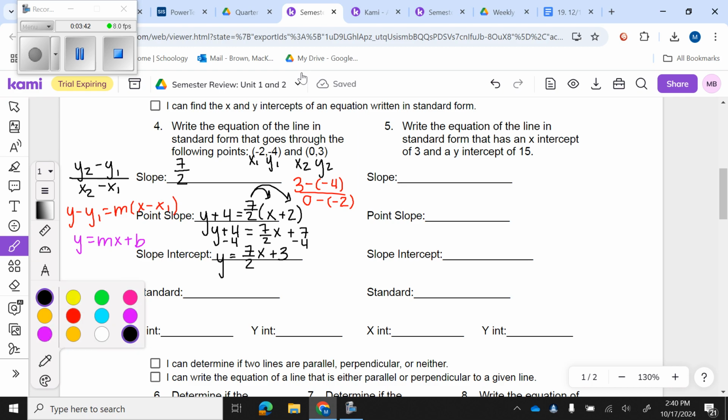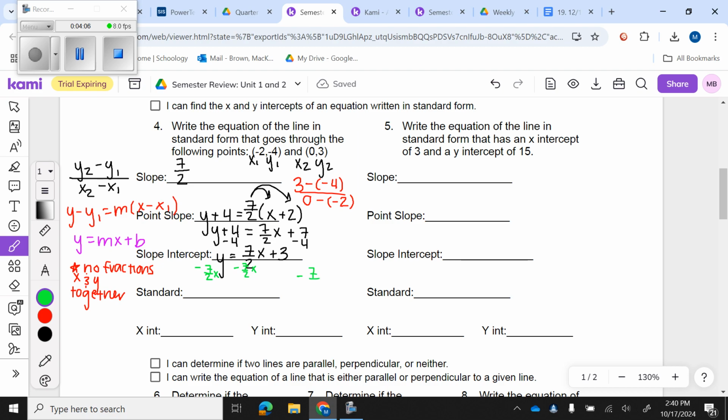Now I've got to get it to standard. The big thing on standard is no fractions, and x and y have to be together. So I've got to move this 7 over 2x back over. I'm going to subtract it from both sides, and I'm going to write it over here.